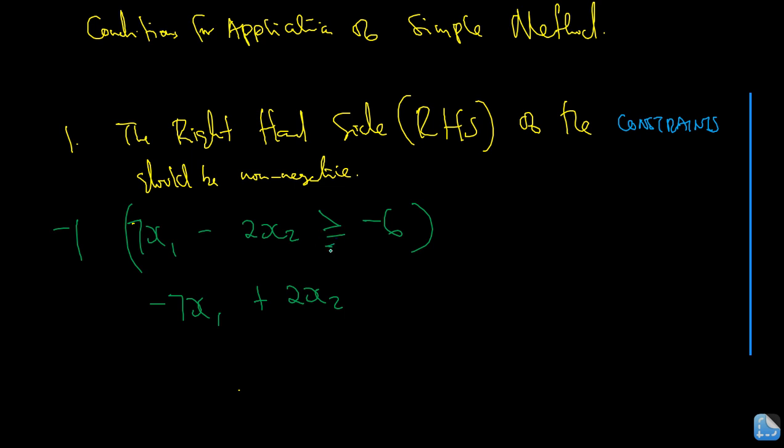It will no longer be greater than or equal to. Instead, now it will be less than or equal to 6, positive 6. Please take note of the change in the direction of our inequality. So this is the first condition that must be met.